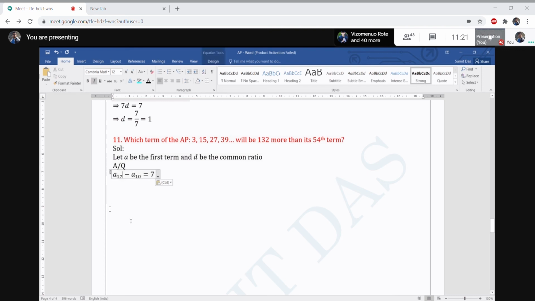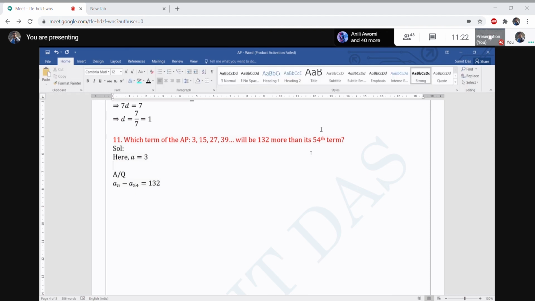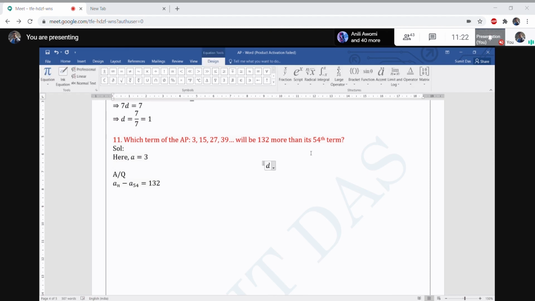That means which nth term will be more than the 54th term by 132. That means the nth term minus the 54th term will be equal to 132. Here a value is given as 3, and common difference d is equal to 15 minus 3, which is 12.